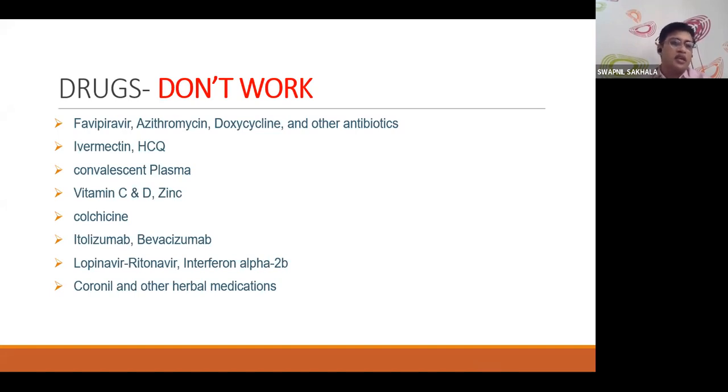Ivermectin and hydroxychloroquine were completely out in the second wave itself. Convalescent plasma is out. Any kind of vitamin A to Z is out. Colchicine and other immunobiologicals like itolizumab and bevacizumab don't work in this scenario, and neither do Coronil and other herbal medications like Kadha. So what works is to observe, wait and watch, and monitor your symptoms.